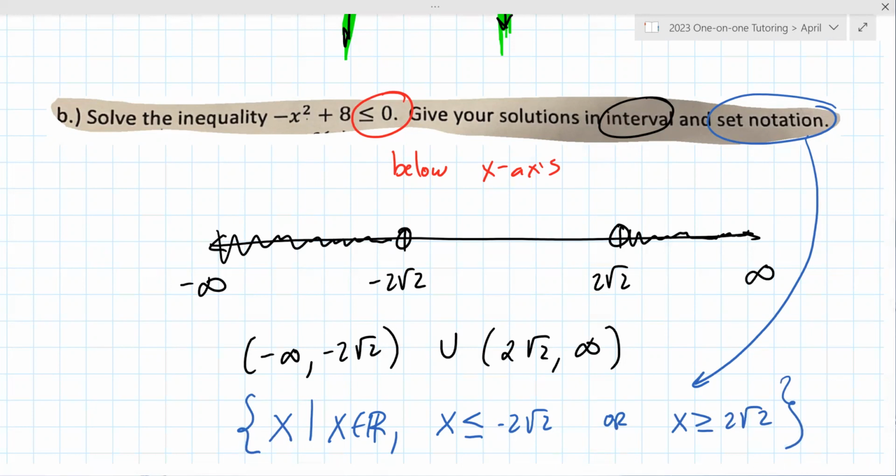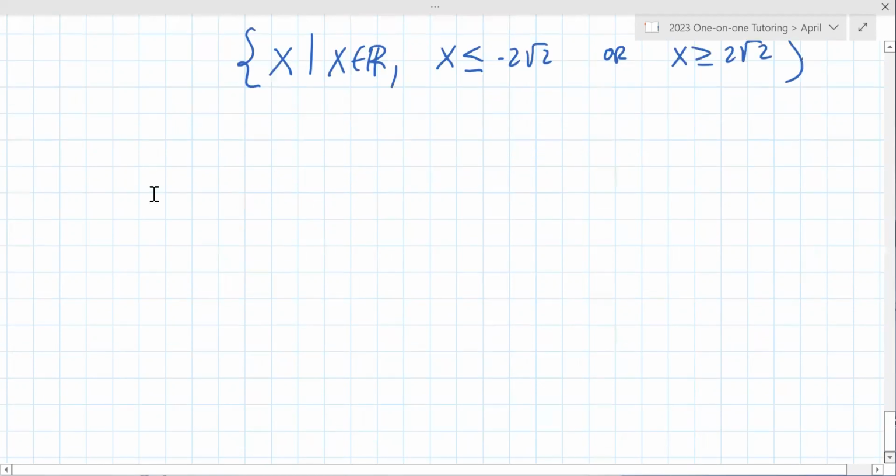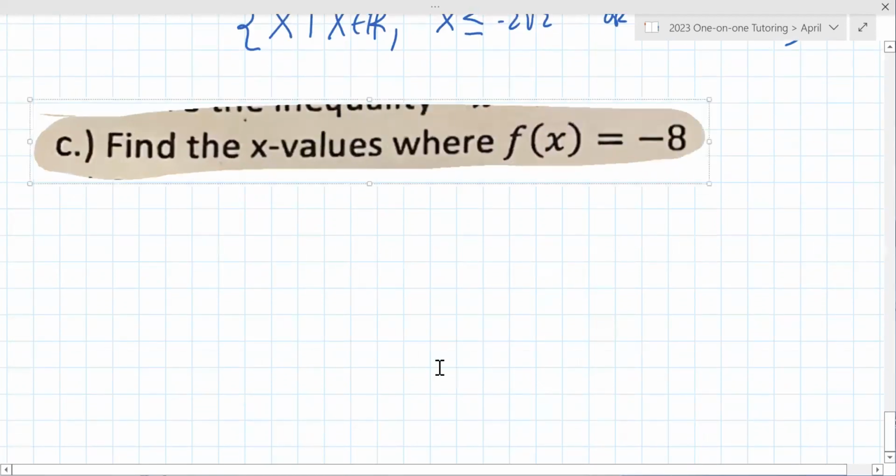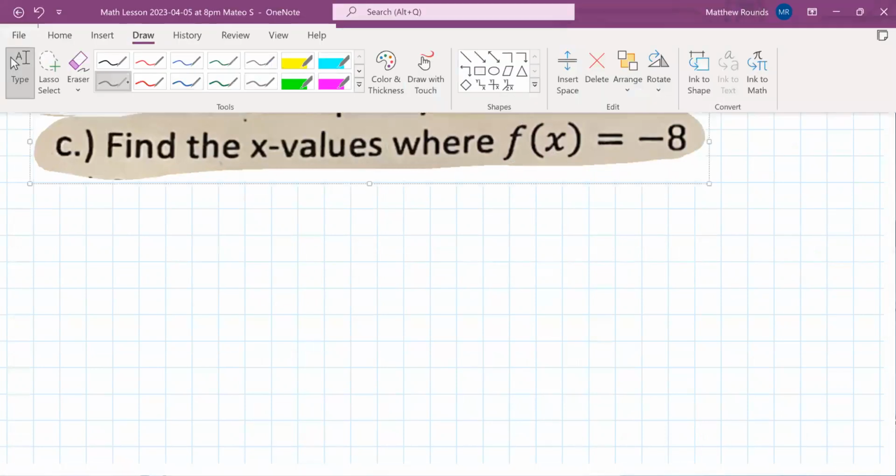All right, let's move on to C. Let's do it. All right, find the x values where f of x equals minus 8.